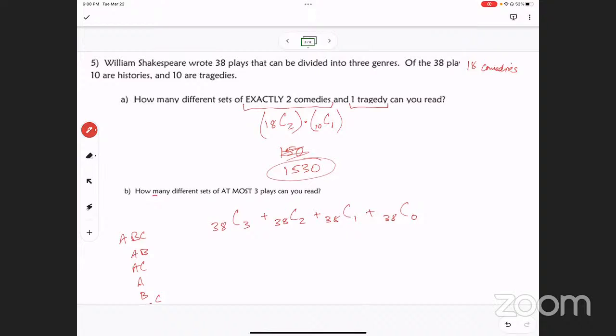Well, for this one, you multiplied because you're choosing the comedies first, but then after you choose the comedy, you can combine that with any of the tragedies. So you have to multiply it. I don't know what words to use for this exactly, but it's called the multiplication principle.